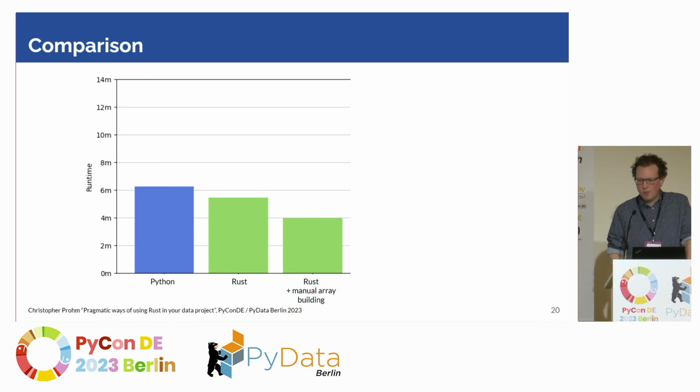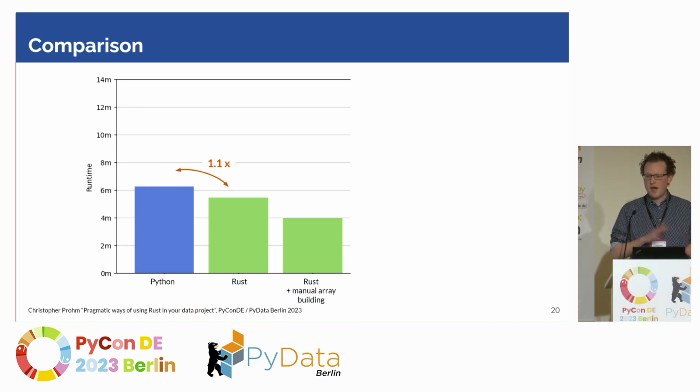So let's compare the different results. As I said, this will look a little bit disappointing in the beginning, but we'll get to it, it is a little bit more exciting, so bear with me. First of all, there's not that much performance difference from Python to Rust. I also plugged in this part which builds the arrays manually, adding something like 200 lines more of code, but that didn't really help that much.